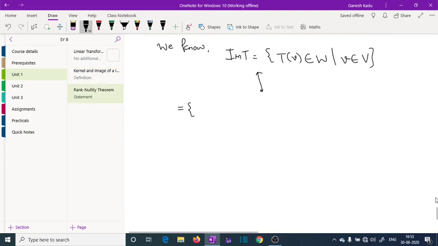Okay, so I will write it as a plus t1 x plus t2 x square plus t3 x cube such that this a, t1, t2, t3 belong to R. Okay. So over here how many terms are there?